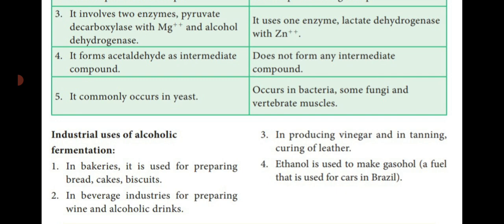Then ethanol is used to make gasohol, that means it is used as a fuel. Particularly in Brazil, the ethanol is used as a fuel. So these are all the different uses of alcoholic fermentation, the important 3-mark question.